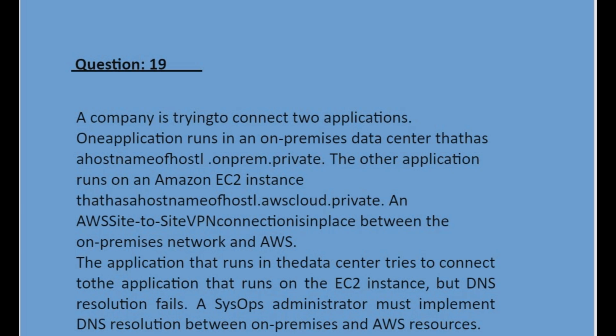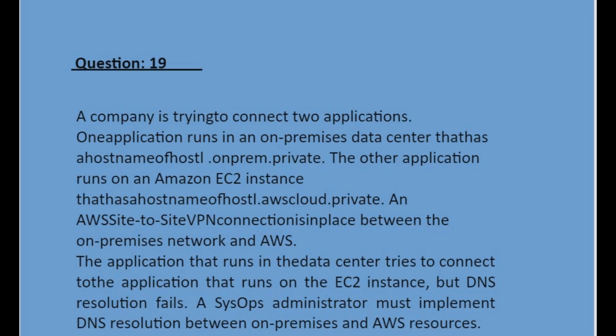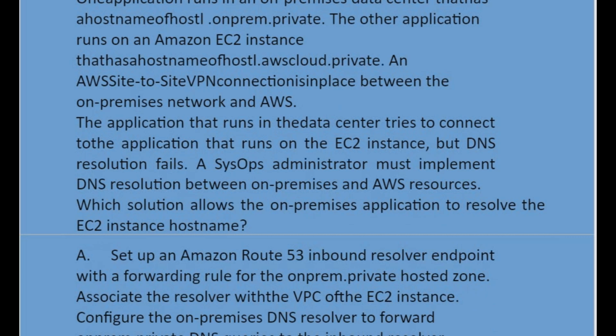An AWS Site-to-Site VPN connection is in place between the on-premises network and AWS. The application that runs in the data center tries to connect to the application that runs on the EC2 instance, but DNS resolution fails. A SysOps administrator must implement DNS resolution between on-premises and AWS resources. Which solution allows the on-premises application to resolve the EC2 instance host name?